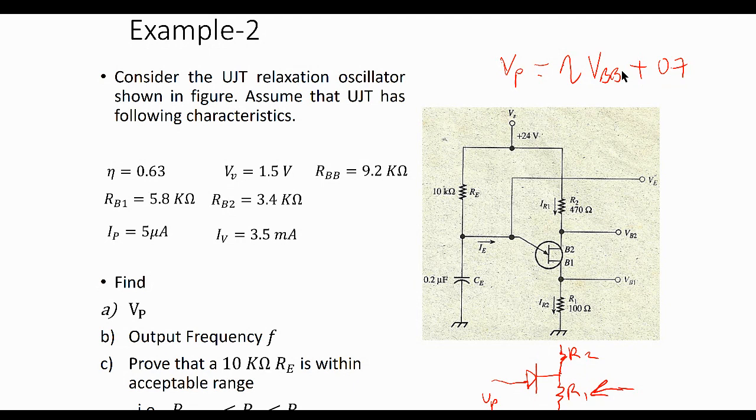Let me know what you get for your VBB. Basically, it would be RBB times VS divided by the two resistors combined, so that would be 570 plus RBB.